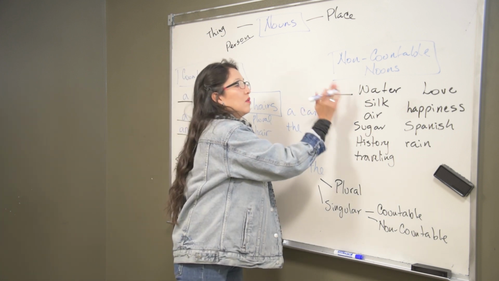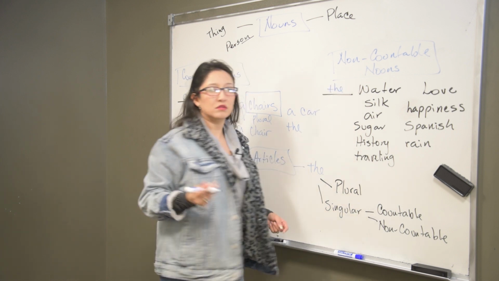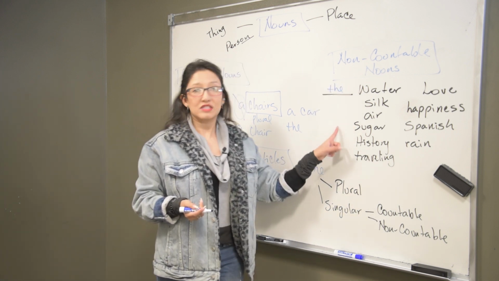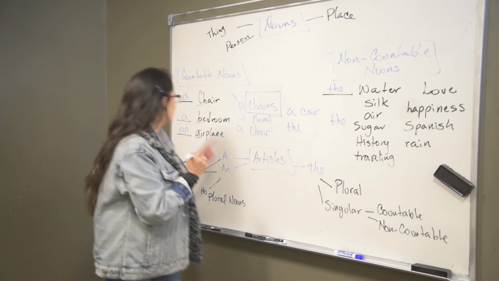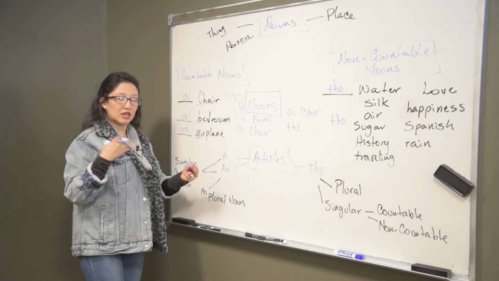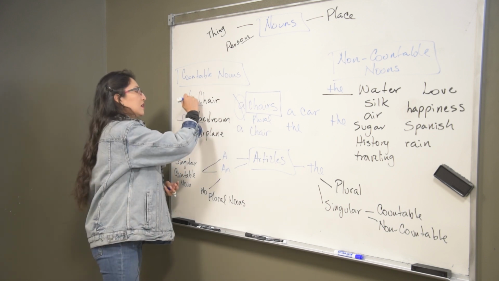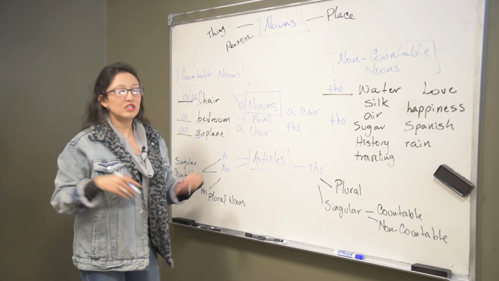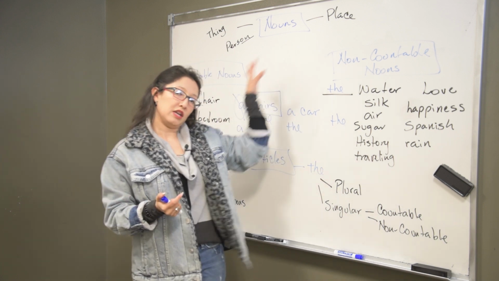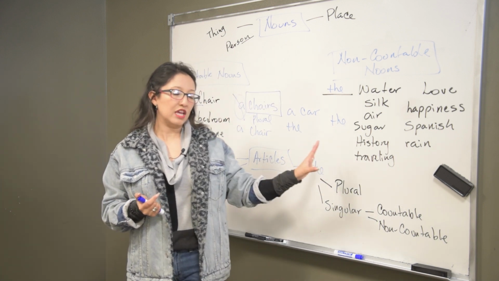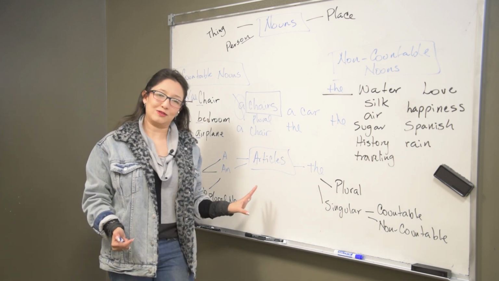But let's see. We can do this, the water. We can say the sugar that is on the table, see? Okay, instead of a, if we are talking about the same chair, we can say the chair. Okay. So these are the basic rules to know about nouns, countable and non-countable, and how to use articles.